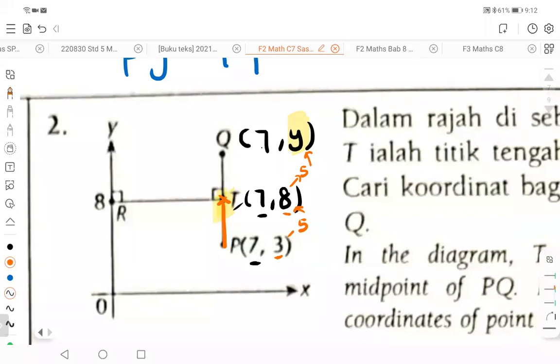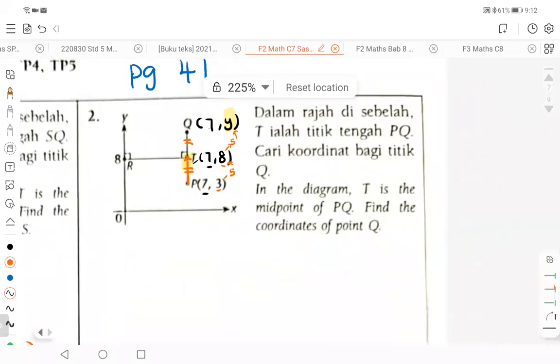Actually, we don't need to use the formula. As long as you know the concept of middle, you will have the same length. So straight away, we can write the answer here. No calculation, no formula needed. We can just write Q is 7 and 13.